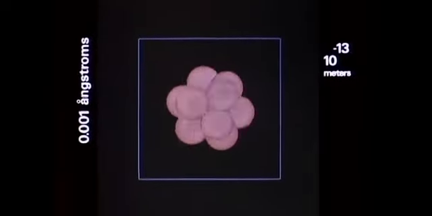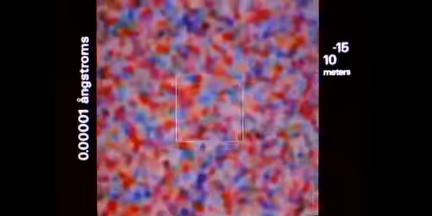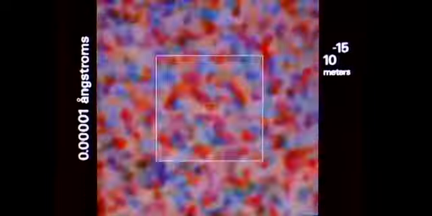Yet the nucleus contains almost all of the atom's mass, packed into particles called protons and neutrons. And these, in turn, are made of still smaller, mysterious things called quarks. Exploring this, the inner frontier of the universe, physicists wonder if quarks might contain even tinier building blocks of matter.